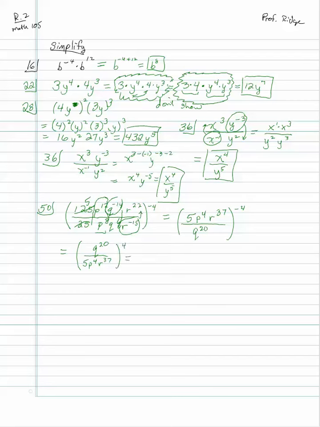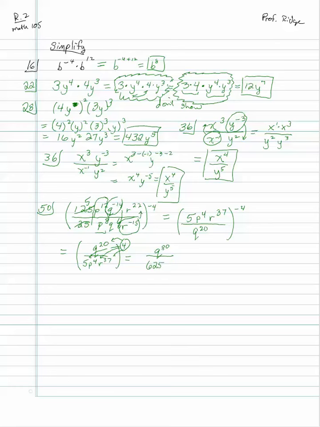So I'm going to get q to the 80. Just remember, power to power, you multiply. So I'm doing two stages at once. I'm going to do power to power, and I got to do it to each thing. So power to power, you multiply, so that's 80. Now 5 is not a power, it's 5 to the fourth, so it's 5 times 5 times 5 times 5, 4 5s multiplied together, which is 625.